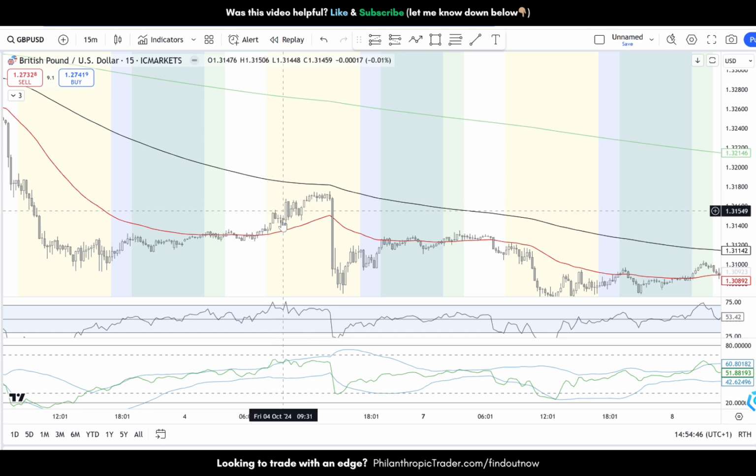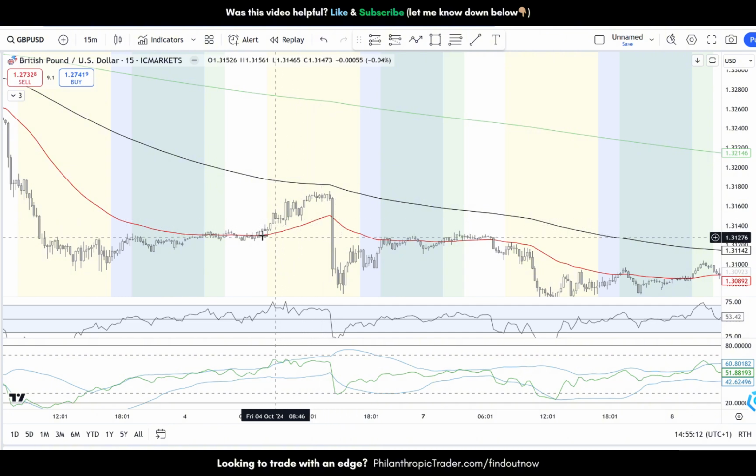But okay, what do we see? We see most of the times that in the London session, price goes into a specific direction and then it makes a pullback. We also see over here that it makes a pullback, and around 1 or 2 o'clock we see price drops really hard to the downside.